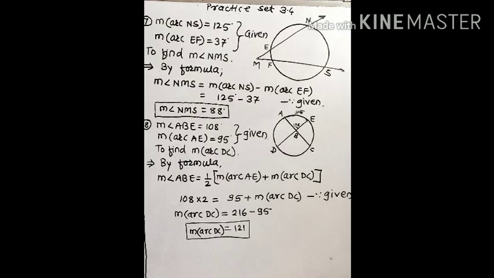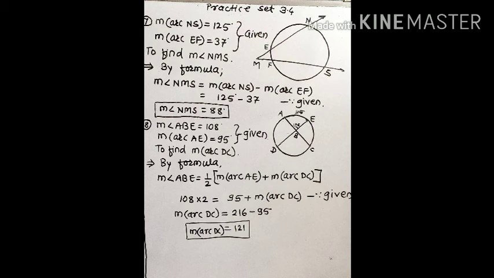Now the seventh question. From the figure we are given the measure of arc NS, the large arc, that is 125, and the measure of arc EF is 37 degrees. Then we have to find the measure of angle NMS. We have the formula: measure of angle NMS is equal to measure of large arc NS minus measure of arc EF.